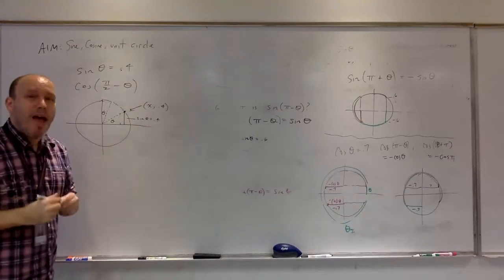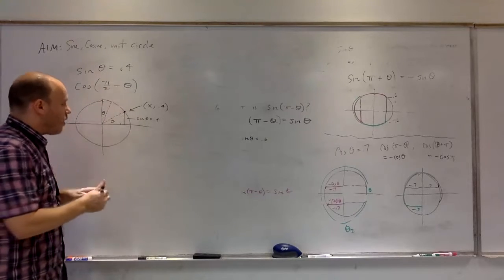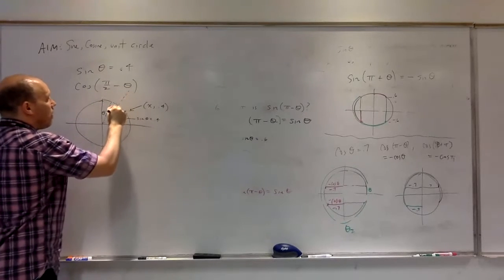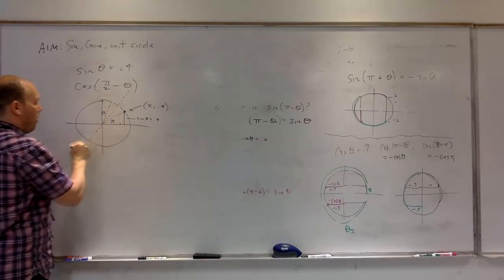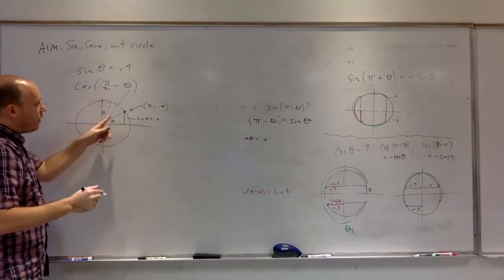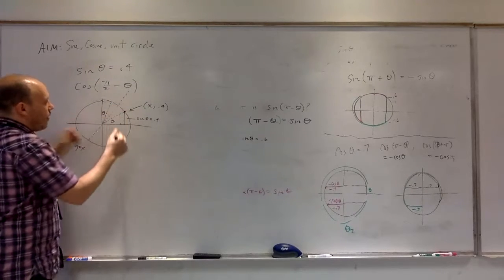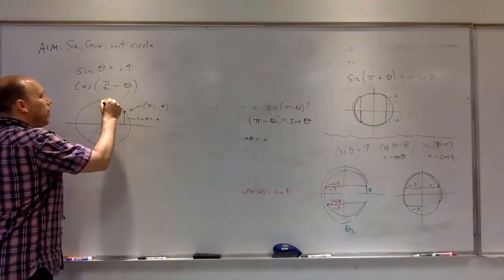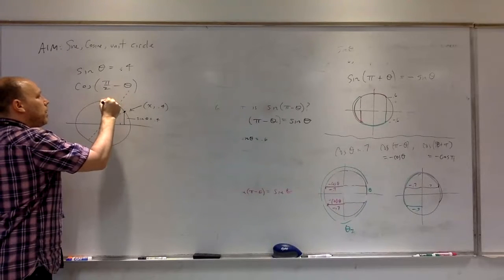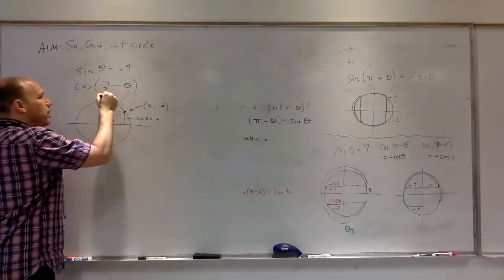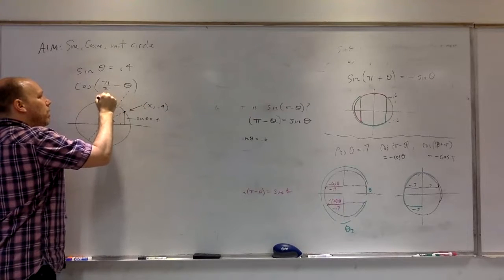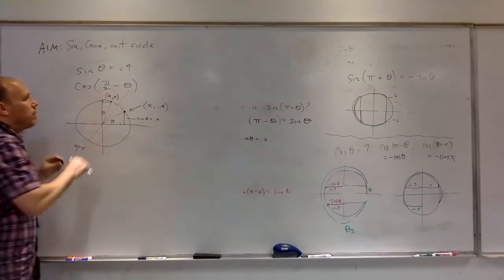You would say, hey, Mr. Adler, why don't we just reflect it over the line y equals x? If I reflect this point over the line y equals x, then I reflect this whole triangle. So I have the point 0.4 comma x.